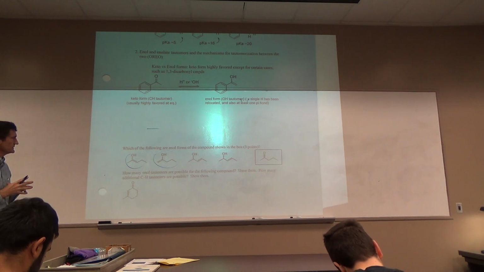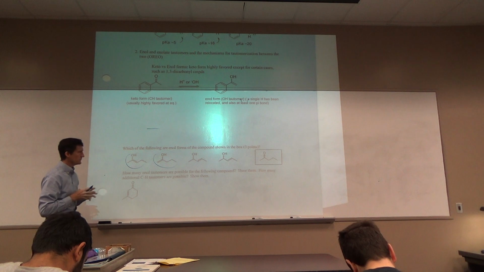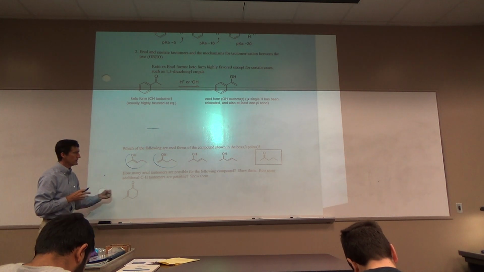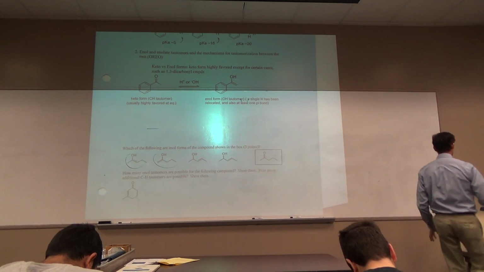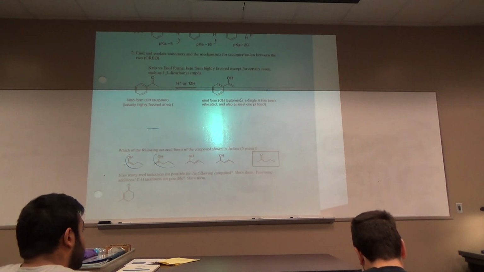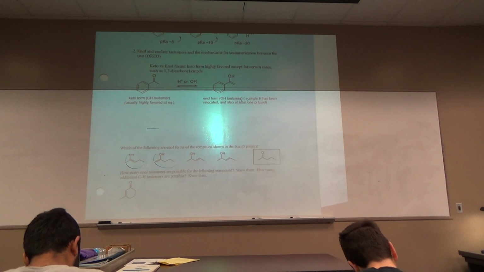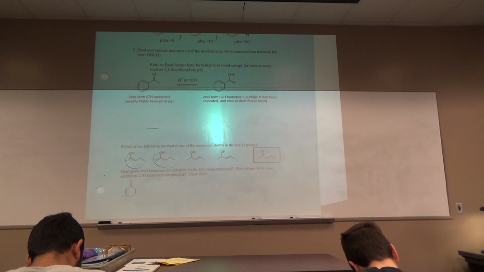We may have to explain CH tautomers, but how many enol tautomers are possible for the following compound? Think about that. We'll look at it a little bit later. Please show them. Anybody got an answer right yet? I got one of them. Three. The answer is more than one. How many? So would there be three?